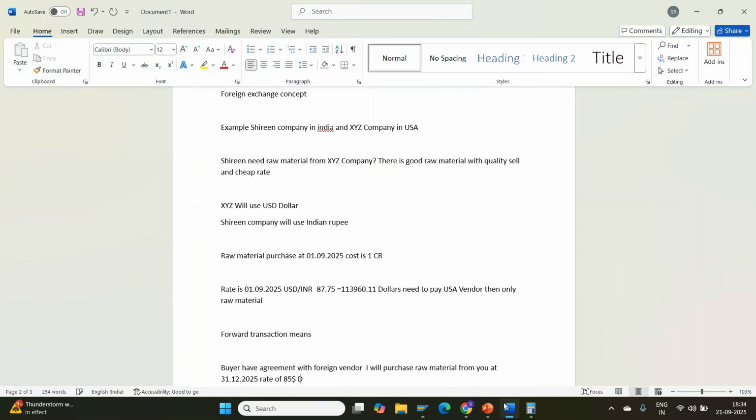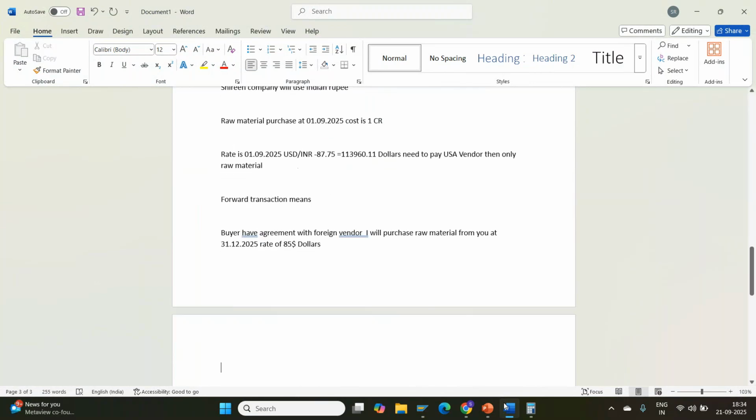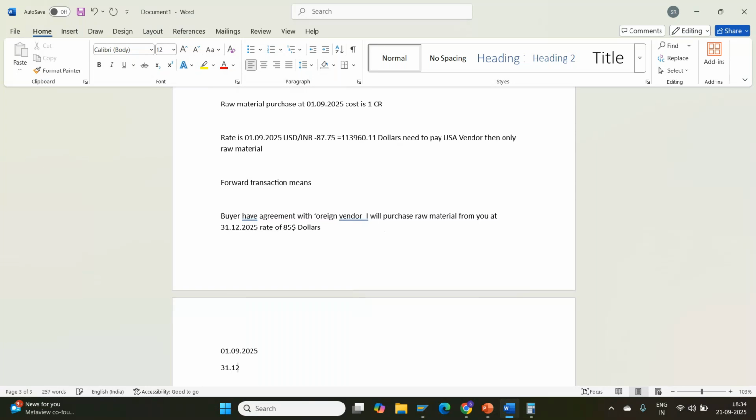Between September 2025 and 31st December, the exchange rate might increase or decrease.